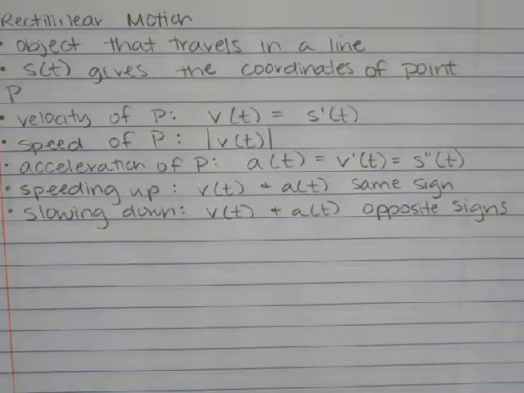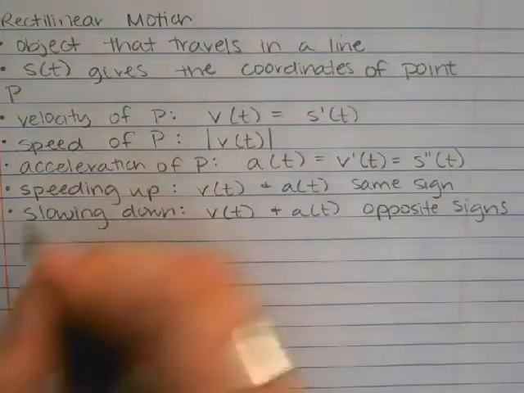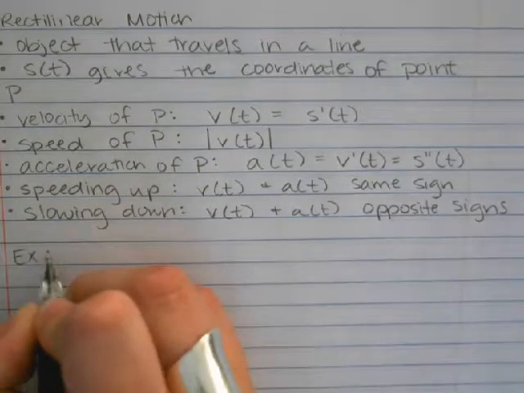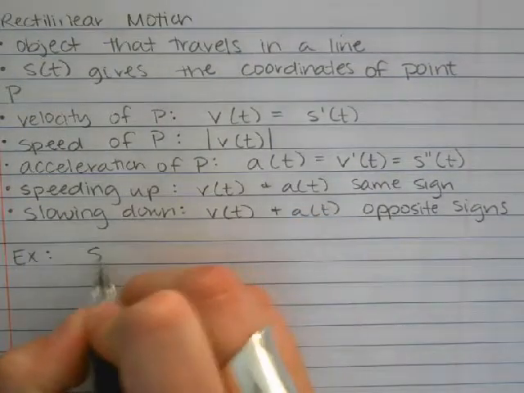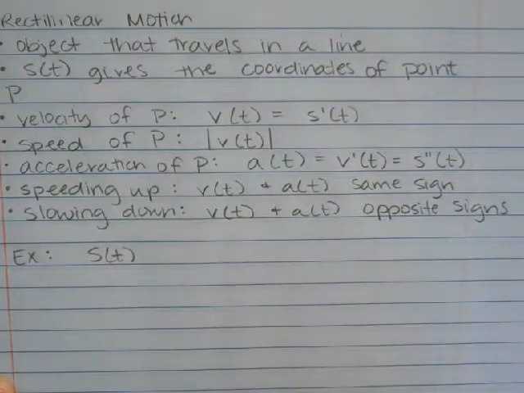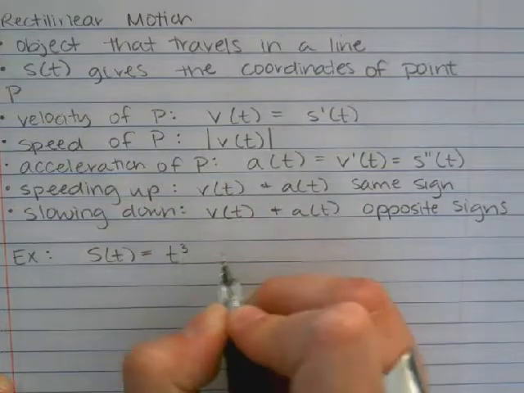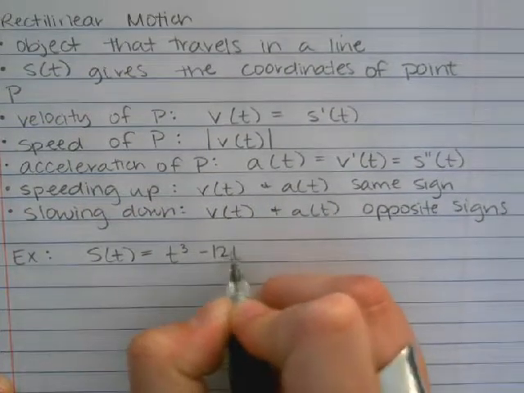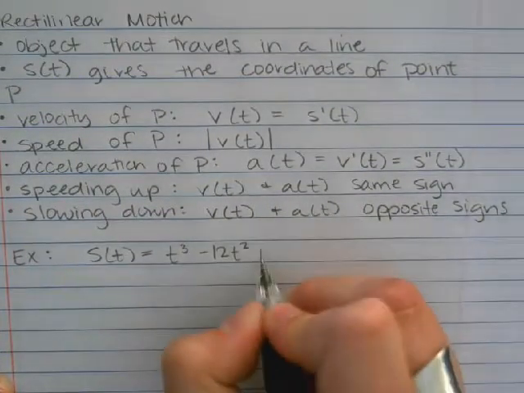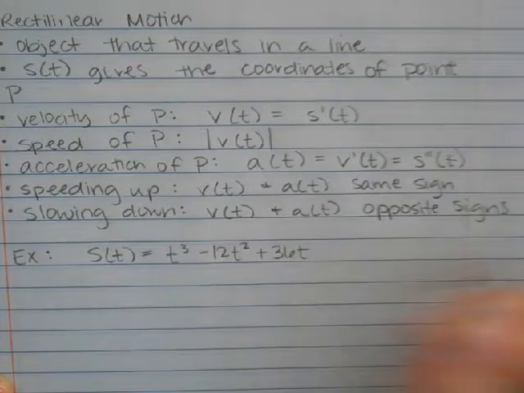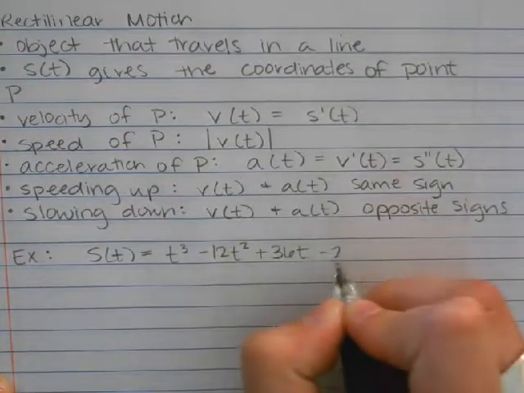Okay, so here is our first example problem. We are going to take the position equation, S of t equals t to the third minus 12t squared plus 36t minus 20.